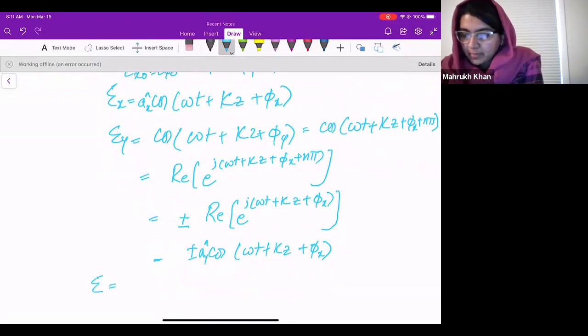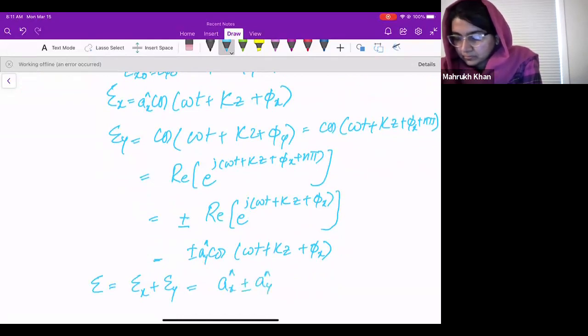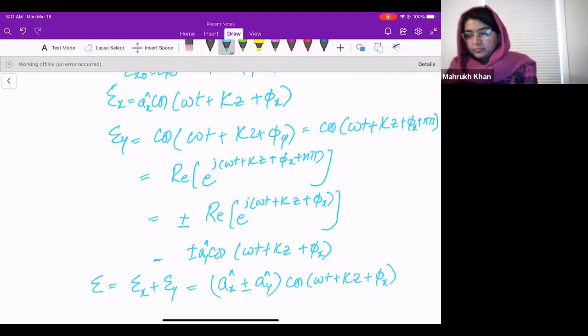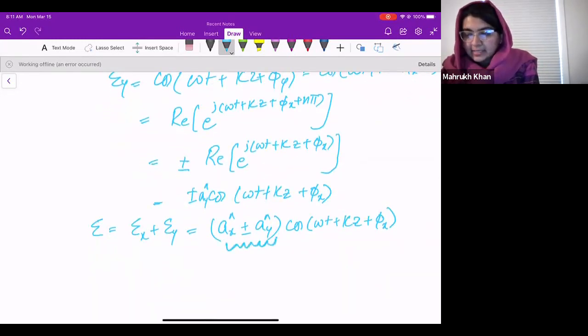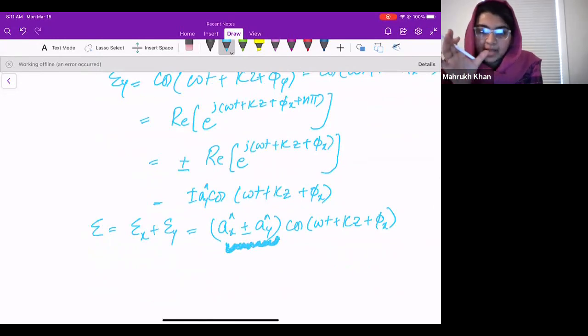So when I am writing it as a combination, it will become, right? Which shows that this is basically what decides whether it's a linearly polarized or circularly polarized signal.